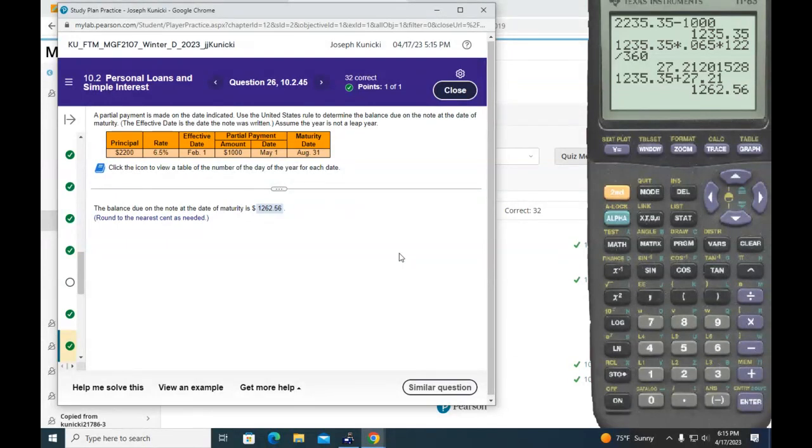And then you take P1 plus I1, and you subtract the first installment, which in our case was 1,000, and that gives you P2. So then you take P2 times R times T2. This was 88 or 89. This was 122, and that gives you I2. And then you just take P2 plus I2, and that's your final payment.